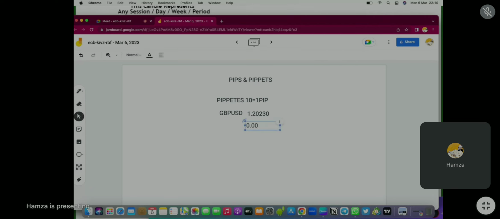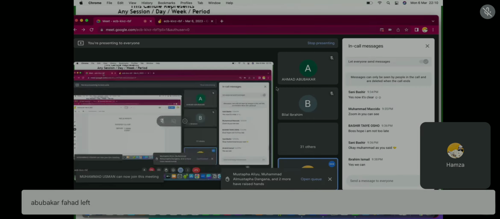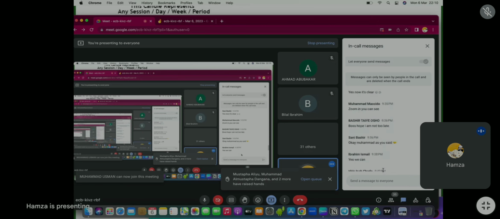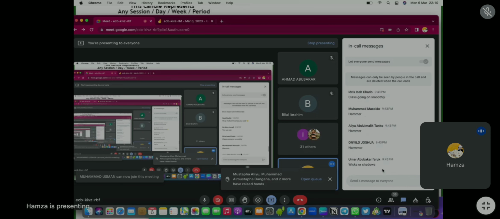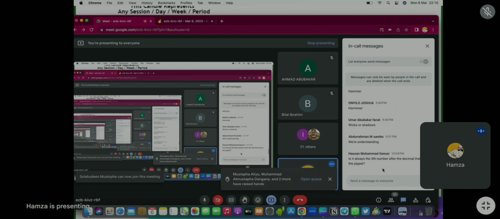0.0001. This is the formula. It's always the 5th number after the decimal point.